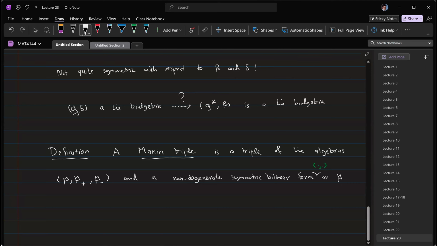Okay, so it's a non-degenerate bilinear form, which is symmetric, on this Lie algebra P with the following properties.